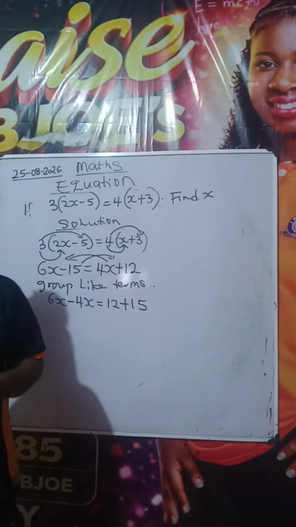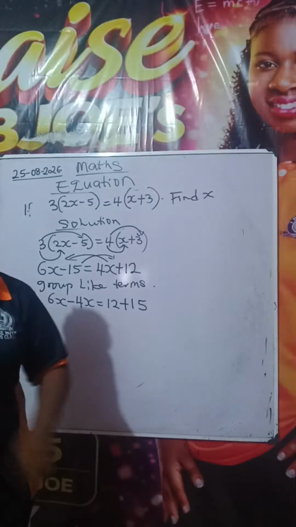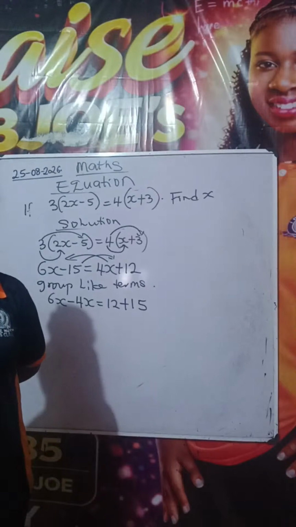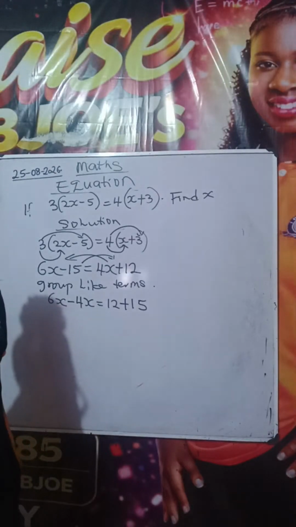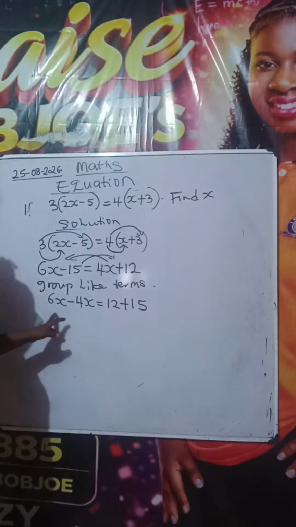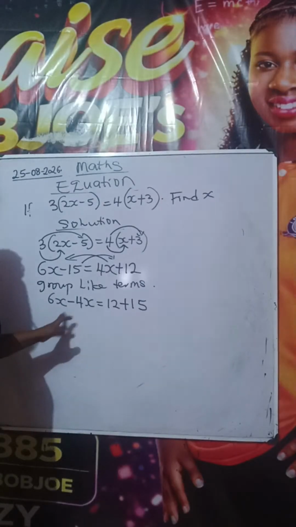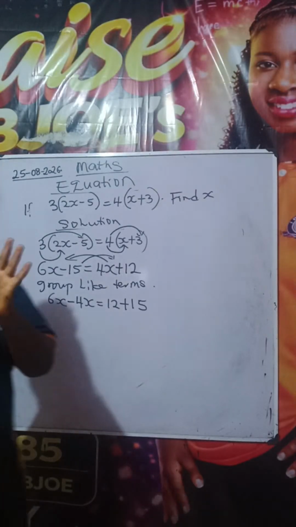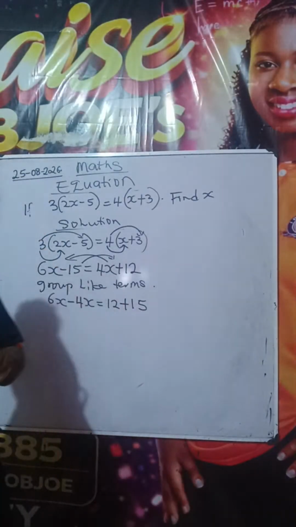What do we have? How many x is going to remain? 6 minus 4. Everybody, 6 minus 4 will give us 2x, correct. So we have 2x, good job.